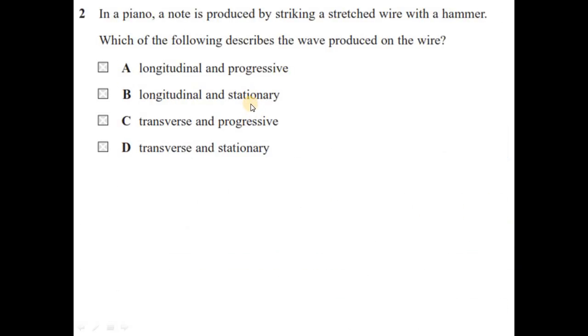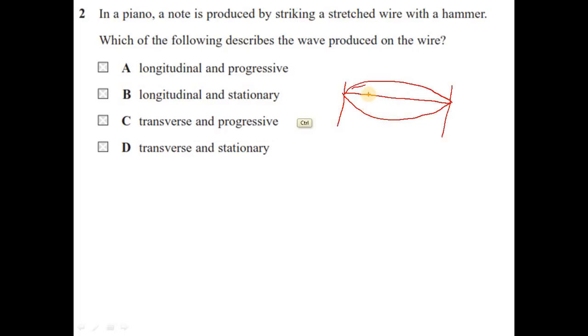Question number 2. In a piano, a note is produced by striking a stretched wire with a hammer. Which of the following describe the wave produced on the wire? Most of the musical instruments containing a wire produce sound waves if the wire oscillates in a loop, and these kinds of loops are called stationary or standing waves.